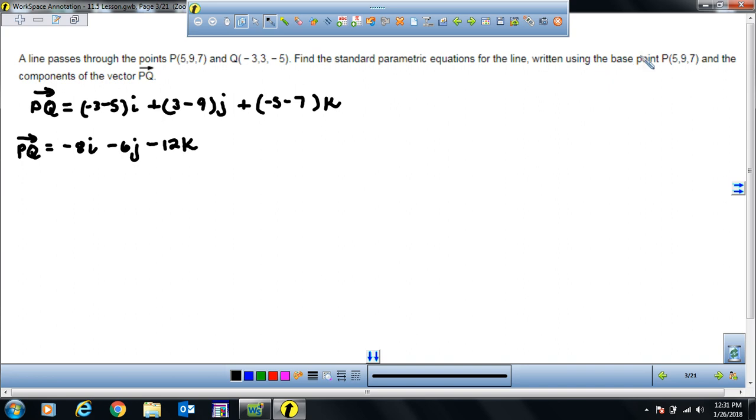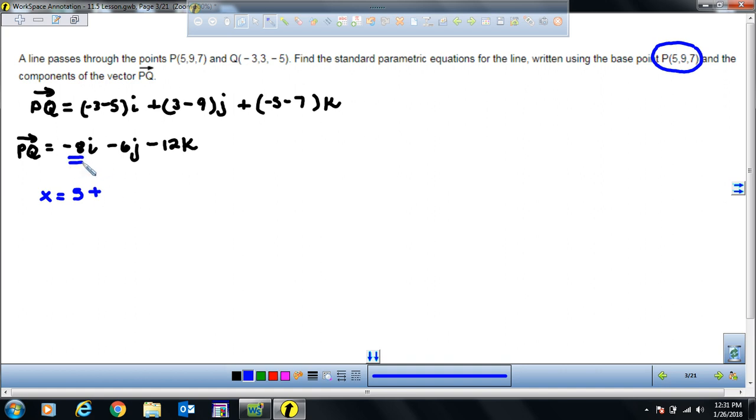Now, to find a parametric equation for the line that passes through that vector, first we need the initial position, and this is telling us it starts from point P, so that is my initial point. My initial x value would be 5, and then it changes by the x component of the vector PQ, which is -8.